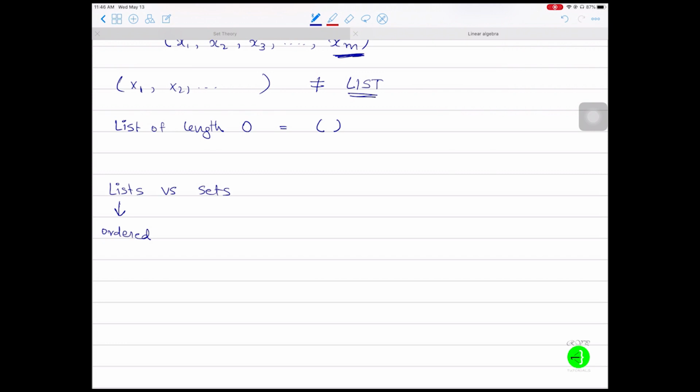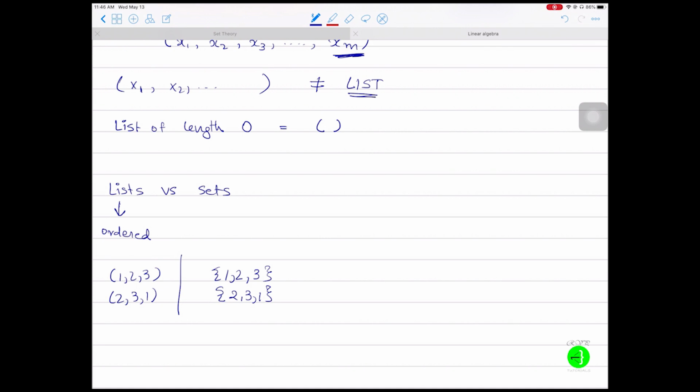For example, if you have a list 1, 2, 3 and a list 2, 3, 1, they have the same length and same elements, but they are not equal to each other since they have different orders. But if we were to talk in sets, the set containing 1, 2, 3 and the set containing 2, 3, 1, they are the same because the order does not matter in sets. So the first thing that matters is order. Lists are ordered and sets are not ordered.